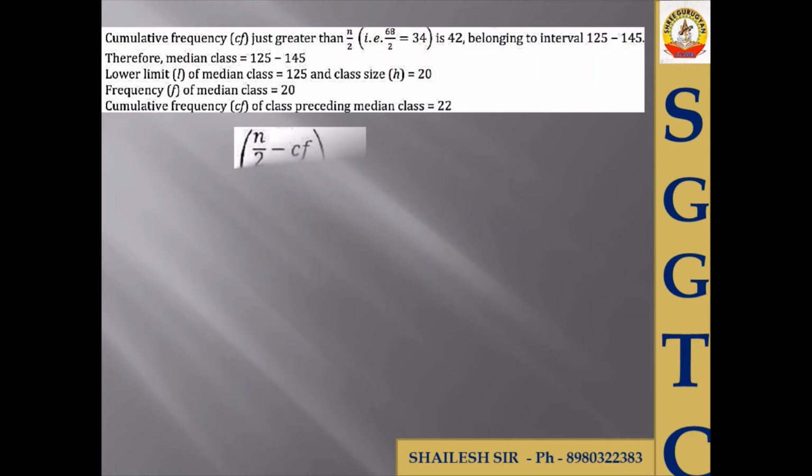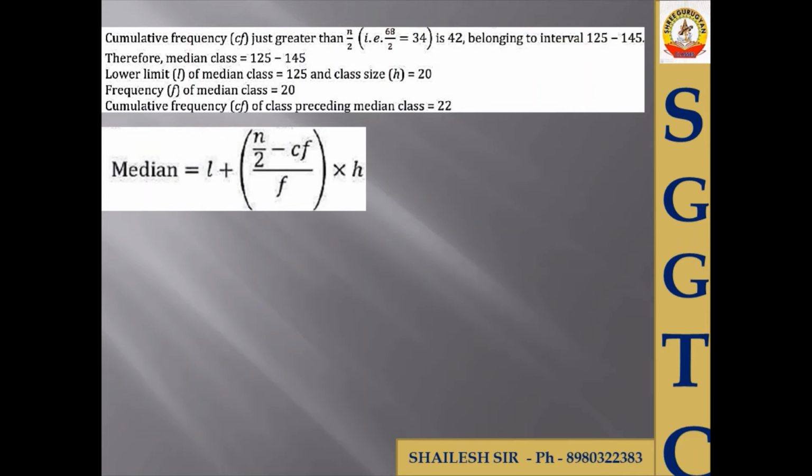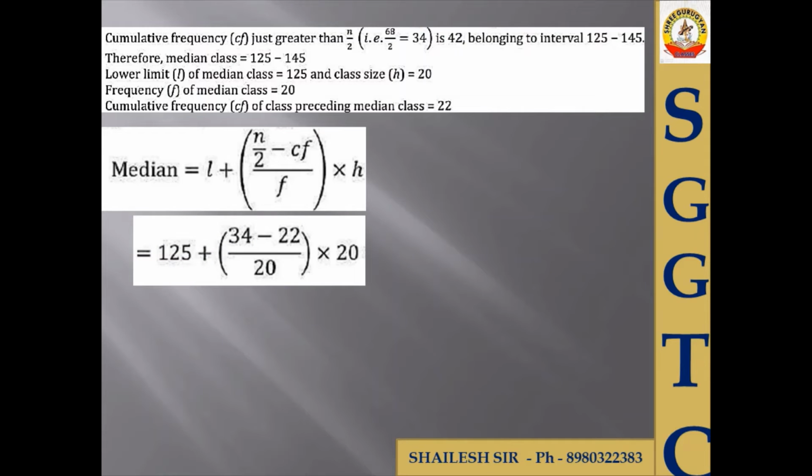So the median class is 125 to 145, the frequency is 20, and cumulative frequency is 22. The formula is L plus n by 2 minus Cf upon small f into h. Put in all values and calculate: our answer is 137.